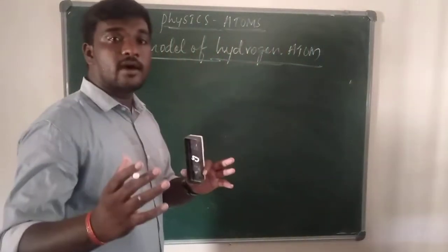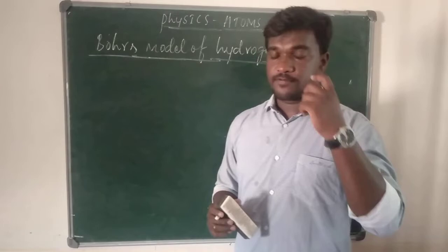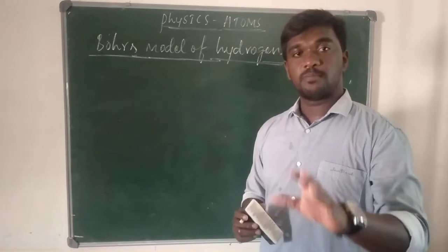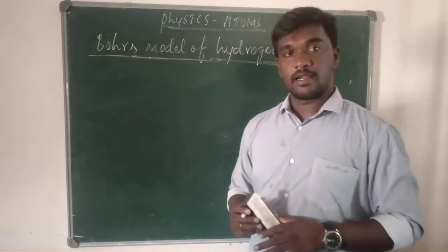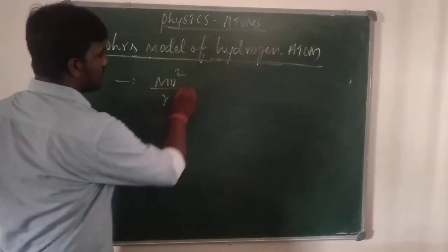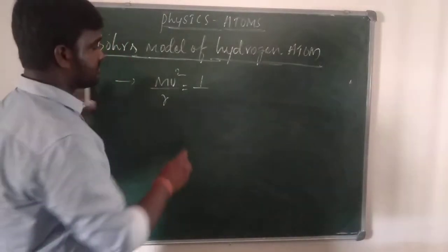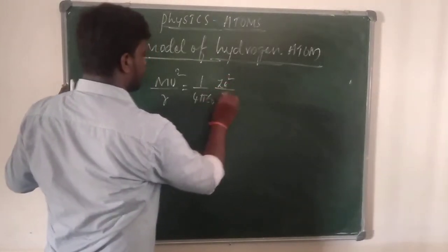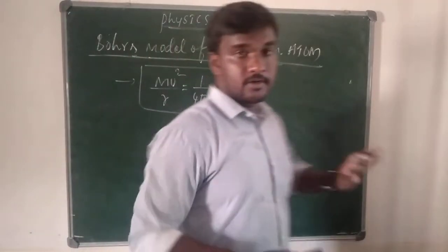Here mv square by r is equal to the electrostatic force of attraction between the nucleus and electron, that is 1 by 4 pi epsilon naught Ze square by r square. Okay, so this is the first postulate.